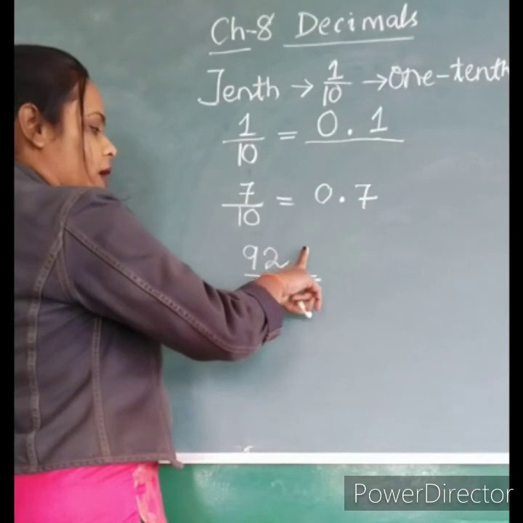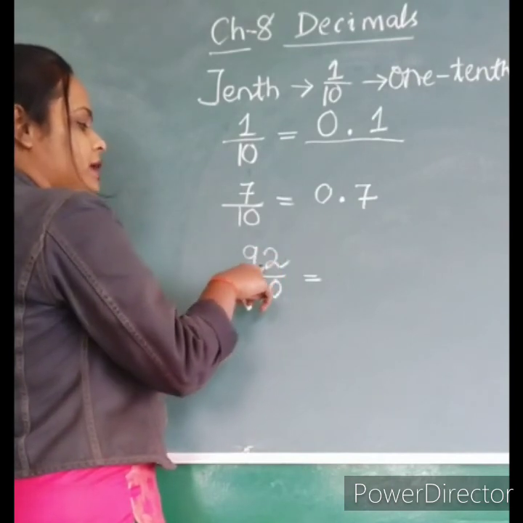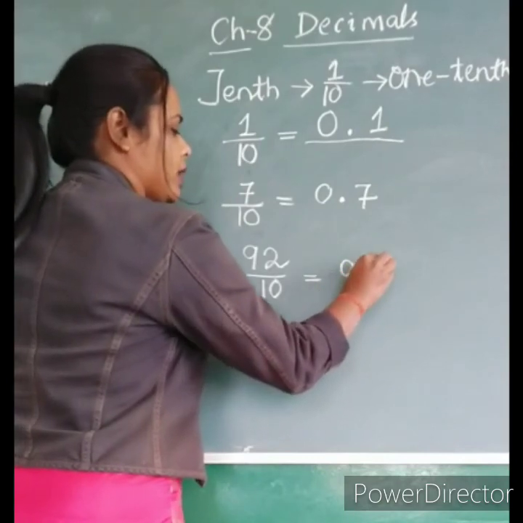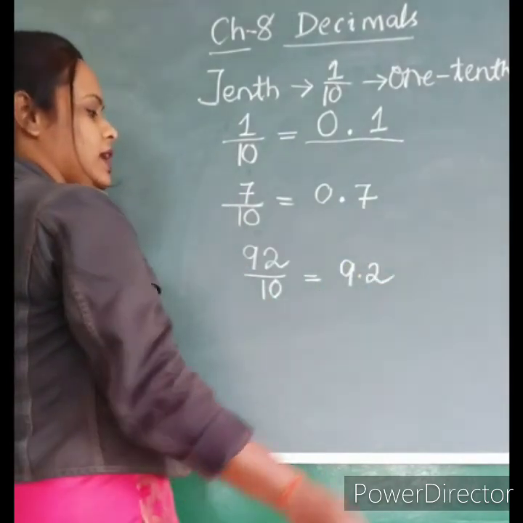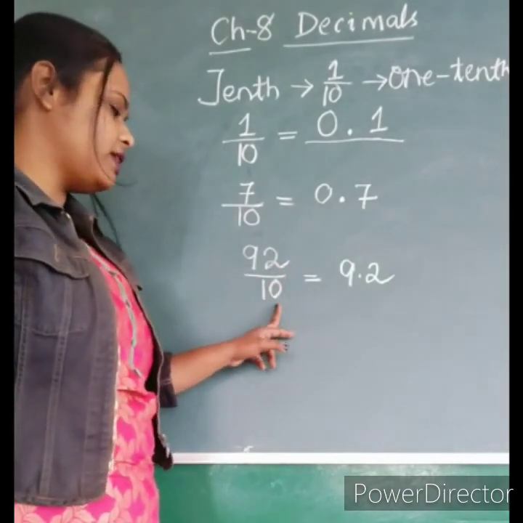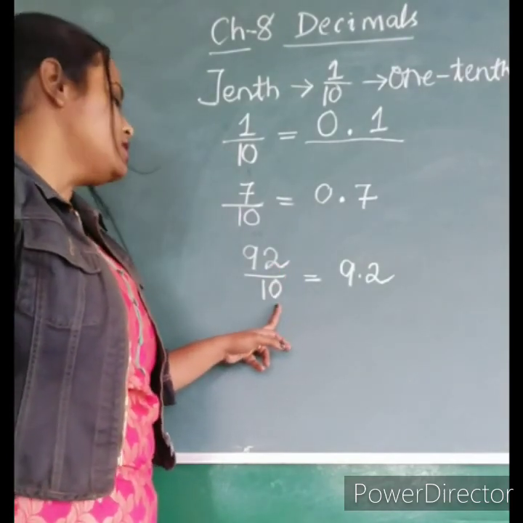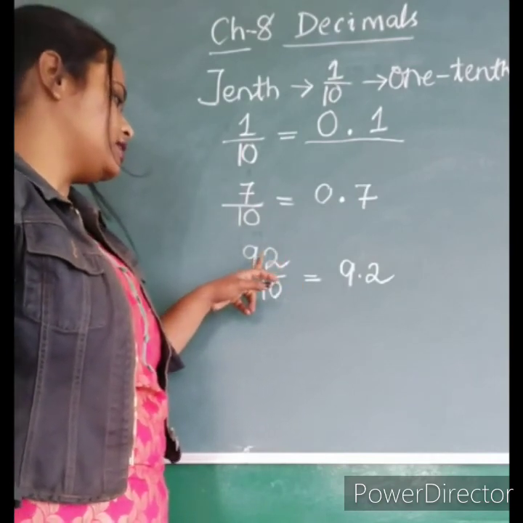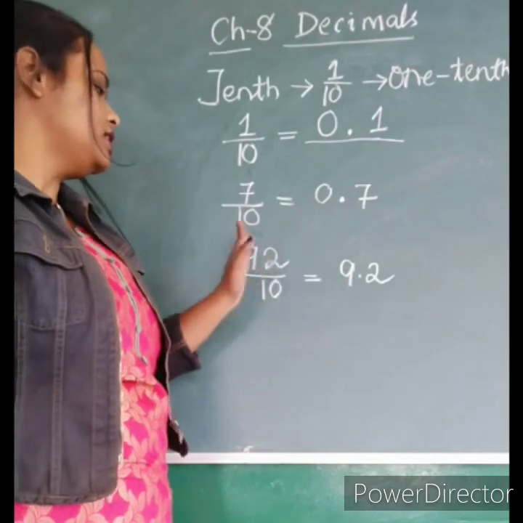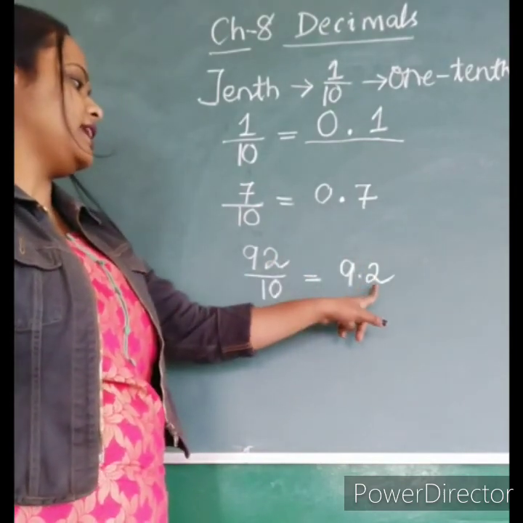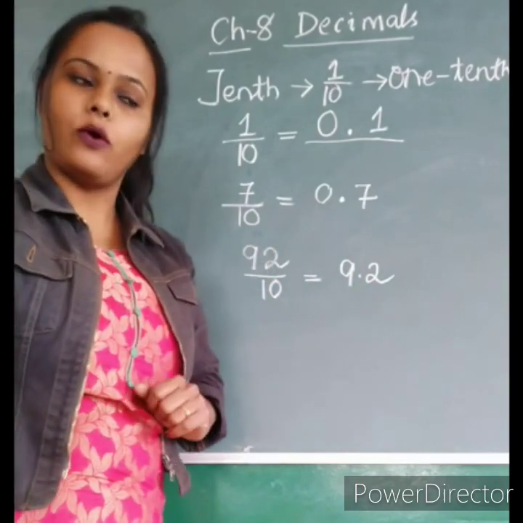So from the right hand side we will leave one number and give the point. So it will be 9.2. We will leave one number as we are having 10 in the denominator, so we leave 2 on that side and in front of 2 we give the point.